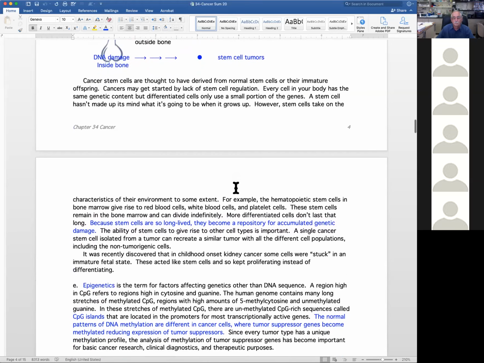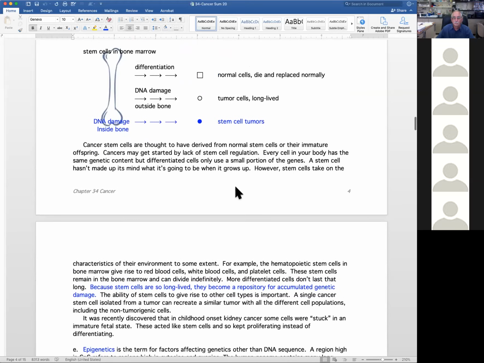So would a bone marrow transplant be the answer to a stem cell tumor, or is that still unknown? It probably could. So in a bone marrow transplant, what they do is they basically kill your immune system. They kill the cells in your bone marrow and then replace them. So yes, that could be done.